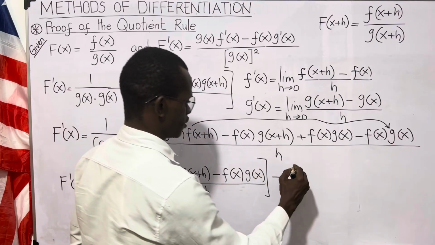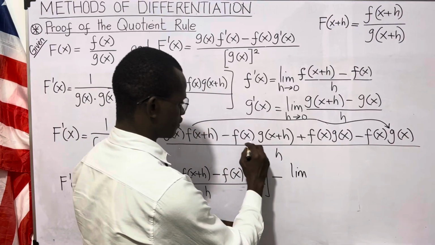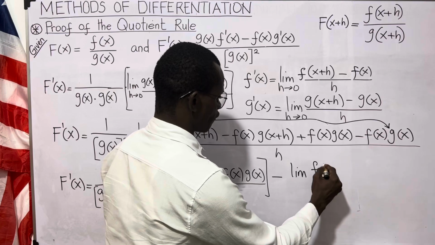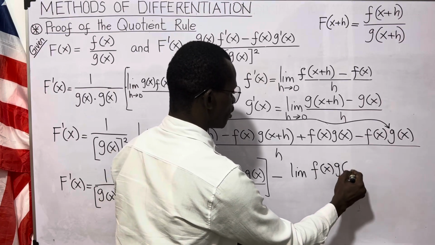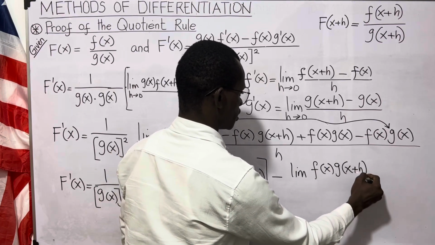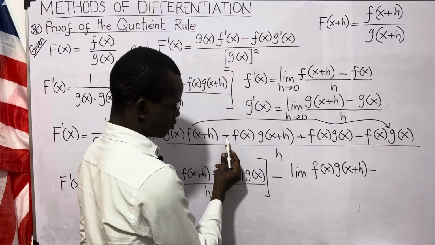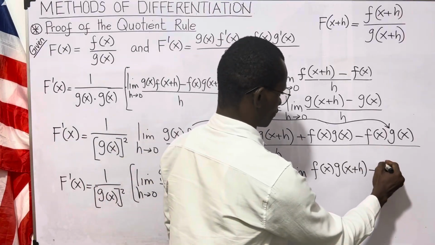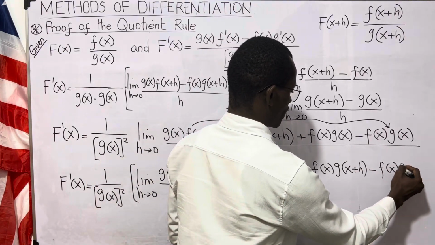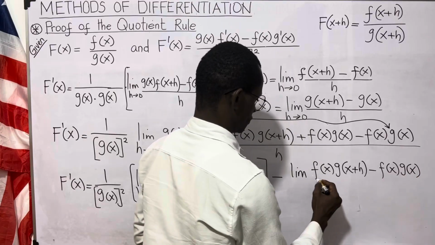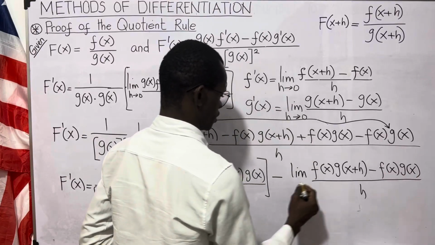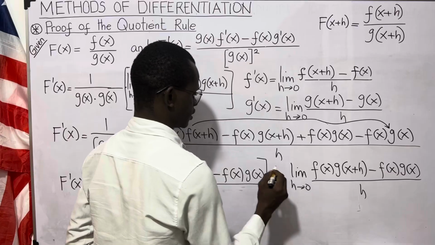So I factor it out. So I also take the limit of this second function. So I have f of x, g of x plus h minus, because this will be positive now and this will be negative, f of x and g of x divided by h as h is approaching 0.